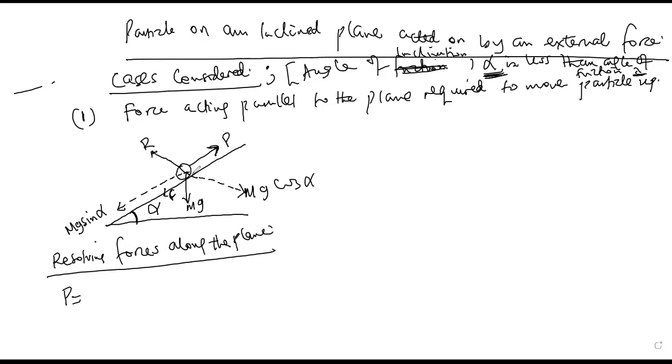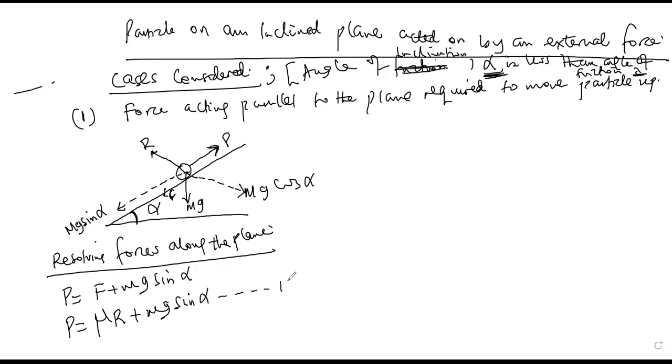You get the ones in the same direction, you equate them to the ones in the different direction. As simple as that. So P is equal to F plus mg sine alpha. Is that hard? No. But you know that F is mu R, so P is equal to mu R plus mg sine alpha.